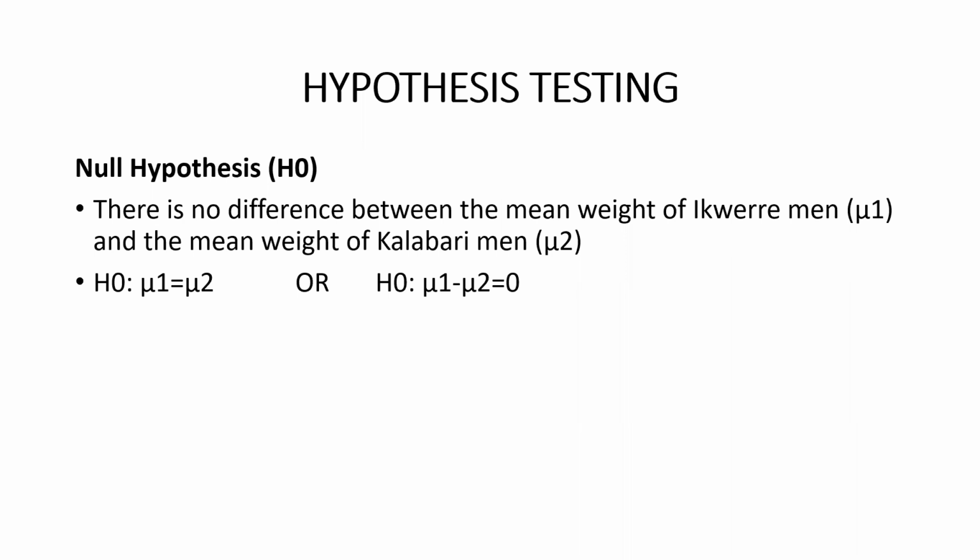Is there a difference? The mathematical symbol that we use is H0, remember the 0 is a small subscript. H0 is mu1 is equal to mu2. When you say there is no difference, it means the mean weight of Ikore men is the same as the mean weight of Kalabari men. That's what it means.